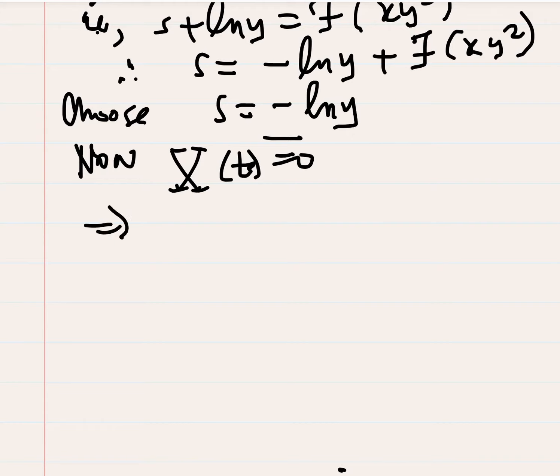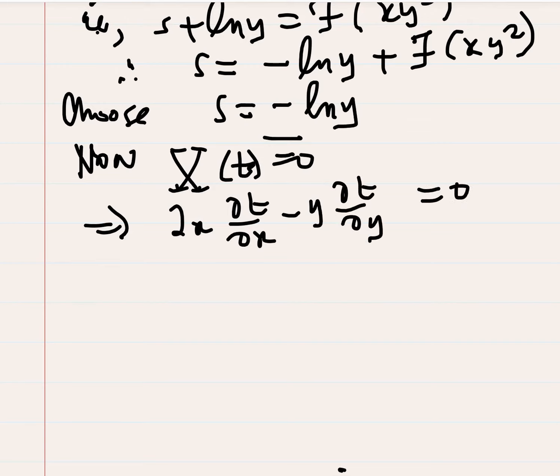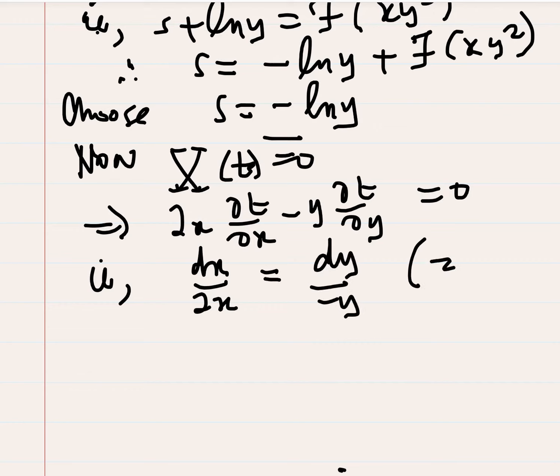This implies that 2x dt/dx minus y dt/dy this time equals 0, i.e. in characteristic form dx over 2x equals dy over minus y equals dt over 0.